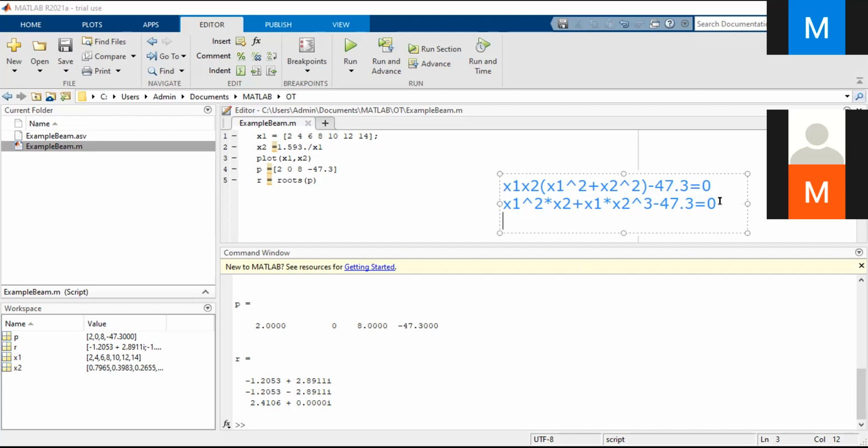So x1 into x2 cube plus x1 square into x2.